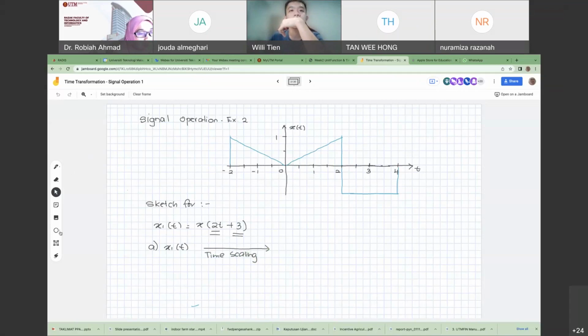So not X(t), X(t) to X(2t). And then after that, you do the time shift.